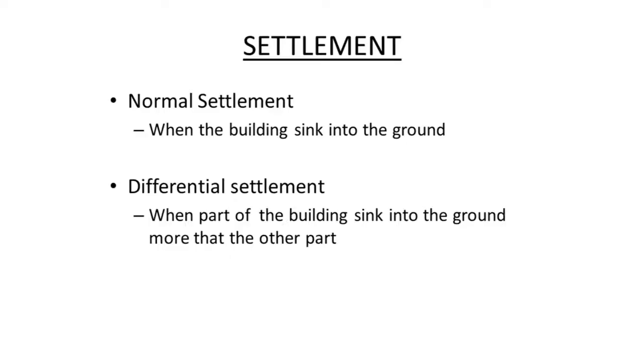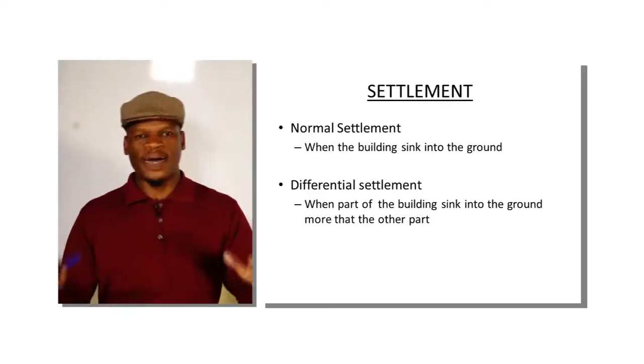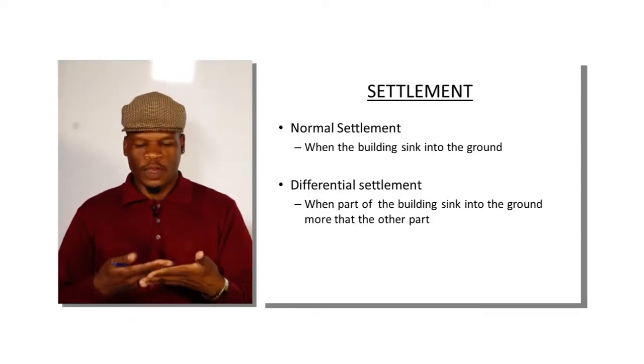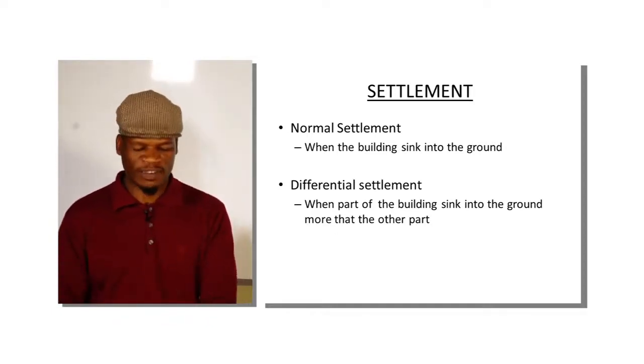Then, in terms of settlement, we're also going to look at the different types of settlement. We have your normal or standard settlement, which is when the whole building sinks down into the ground without any other part affected. So when the whole building sinks down to the ground, we say it has a normal settlement.